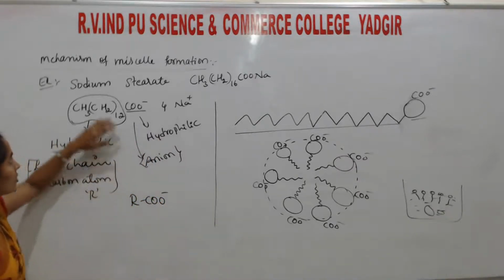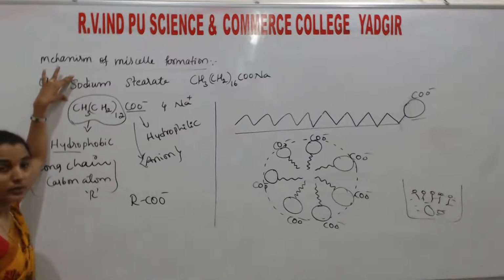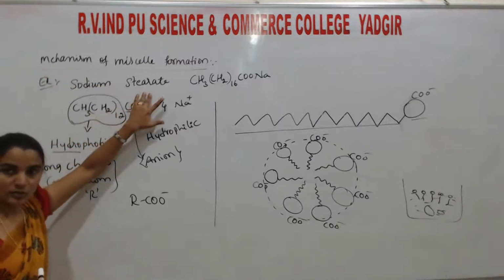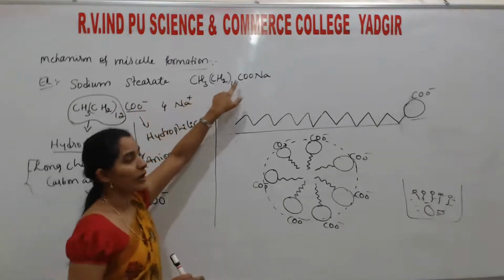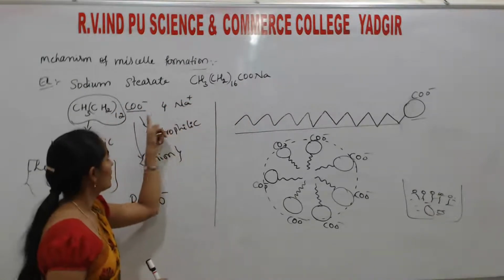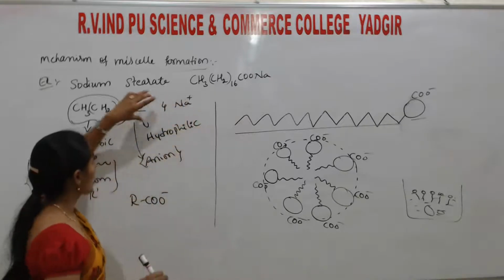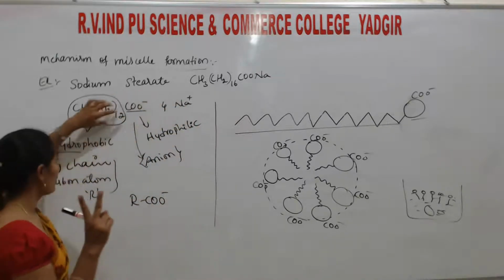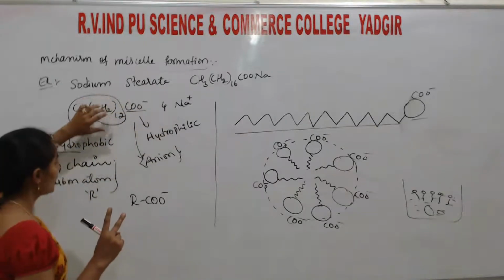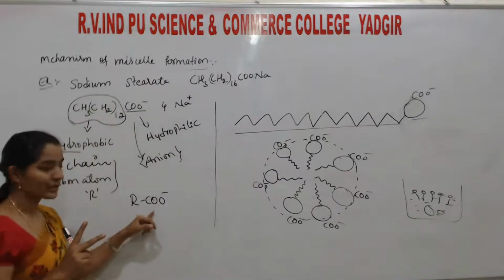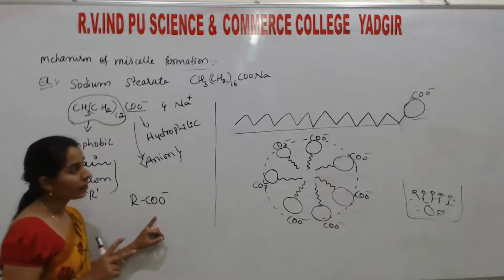You have to write this page. When soap, for example sodium stearate, comes in contact with water, they form two ions, one anion and another cation. This anion consists of two parts, one hydrophobic and another hydrophilic, taken as RCOO minus.